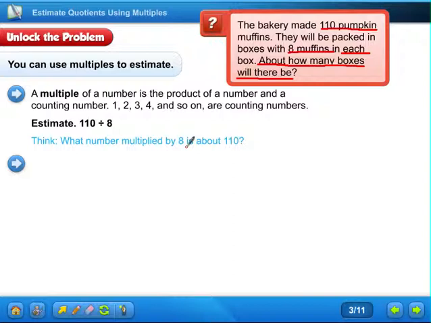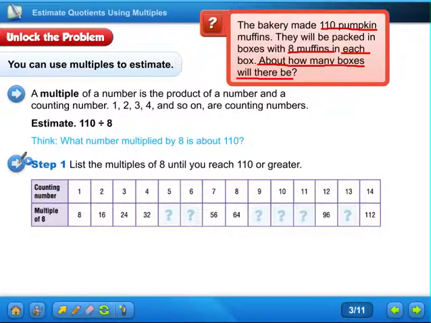Well, you can try your 8 song, but I think your 8 song only takes you up to 80. So, here they made a little chart. List the multiples of 8 until you reach 110 or greater.